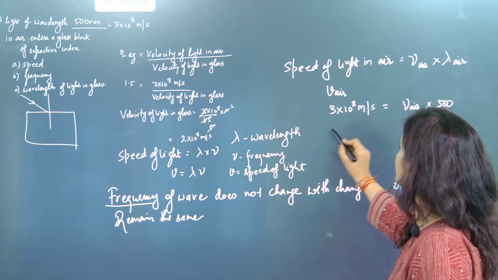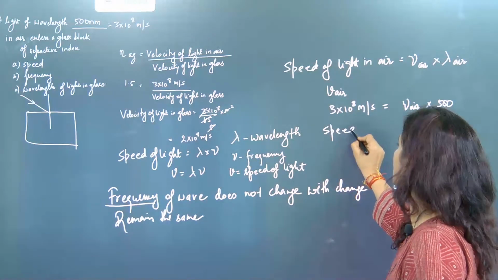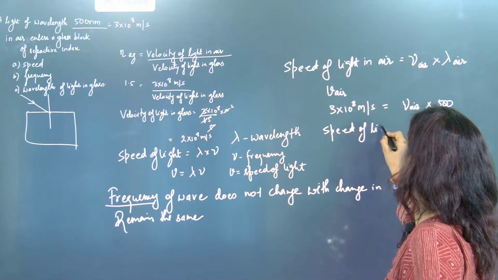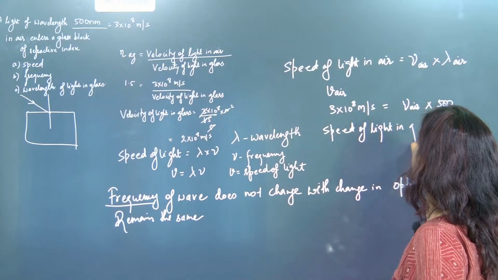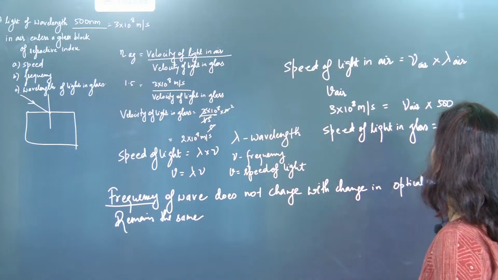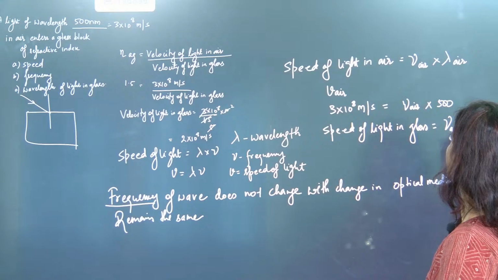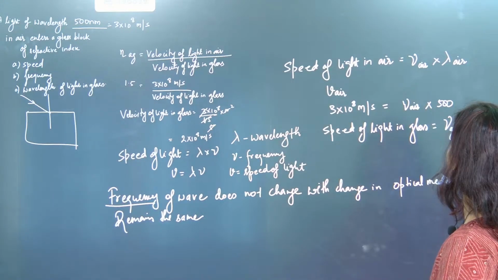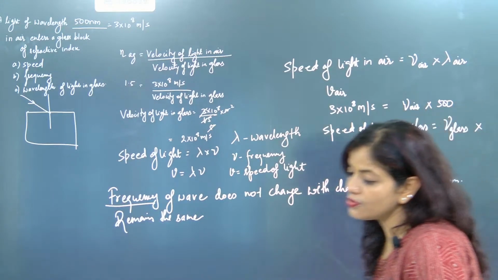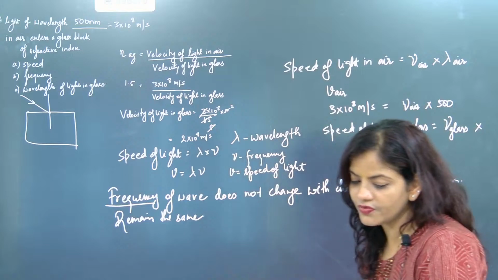Now we are going to talk about speed of light in glass, which is equal to frequency of light in glass into wavelength of light in glass. We don't know the wavelength in glass, and that's what we need to find.